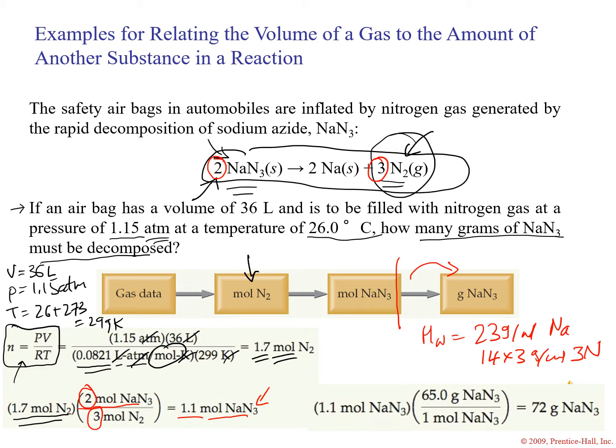So I think this should give us 65 grams per mole. So that's the molecular weight. Number of moles times the molecular weight gives me the grams of the sodium azide.